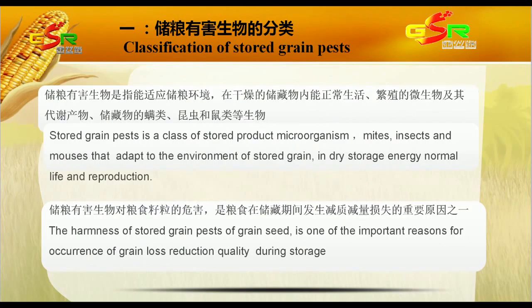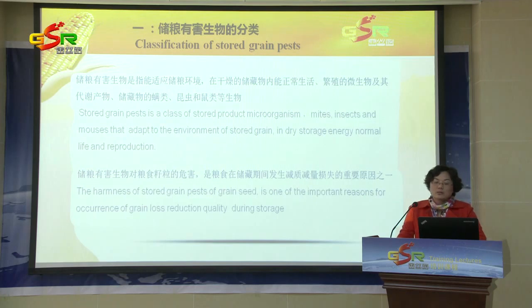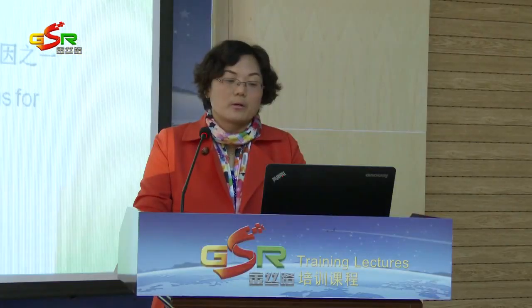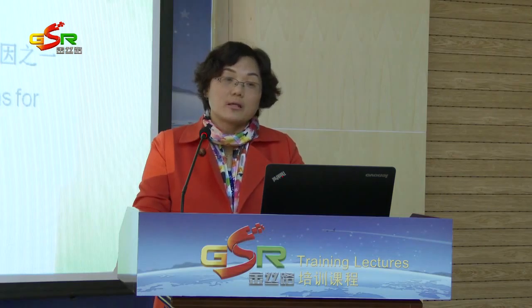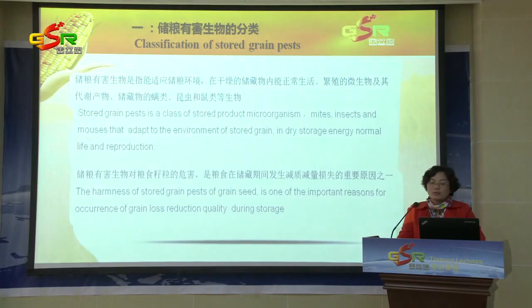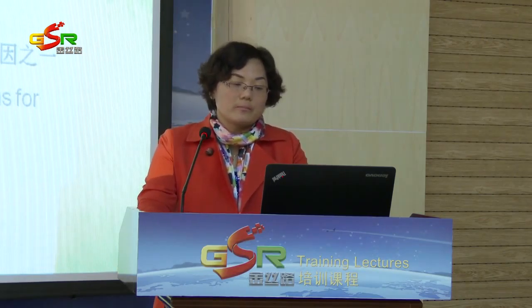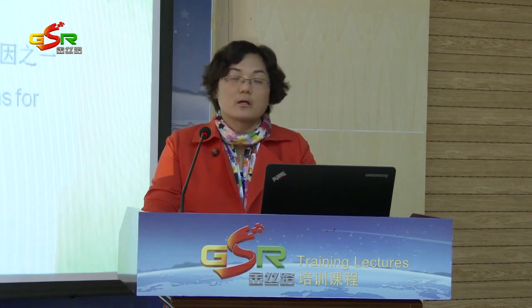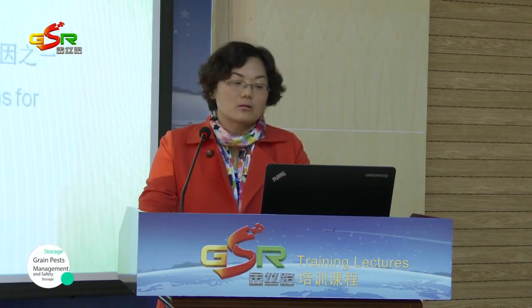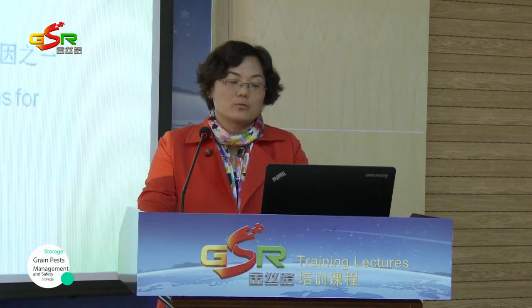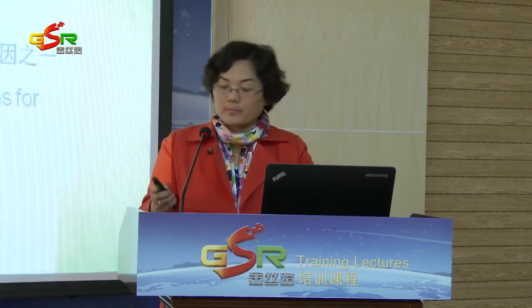At first, we know the classification of storage pests. Storage grain pests are a class of storage microorganisms, mites, insects, and moths that are active in storage grain, enjoying the storage environment, normal life, and reproduction. The harmfulness of storage grain pests to grain seed is one of the important reasons for the occurrence of grain loss and reduced quality during storage.